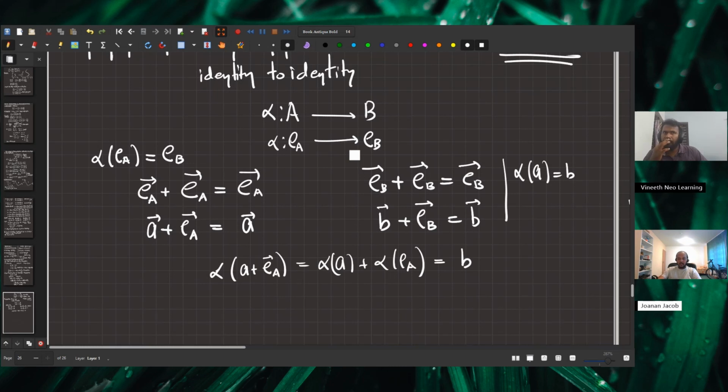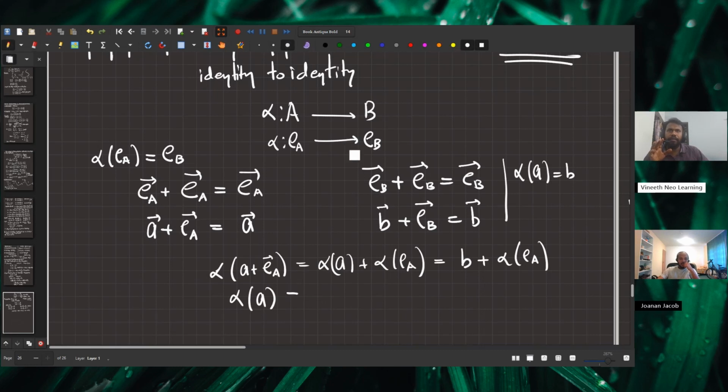So this is B plus alpha of EA, isn't it? Now, if we look at the LHS, LHS will become alpha of A itself, by the definition of identity operator. Yes, exactly. So we will get B is equal to B plus alpha of EA.